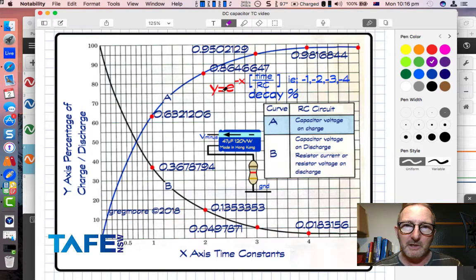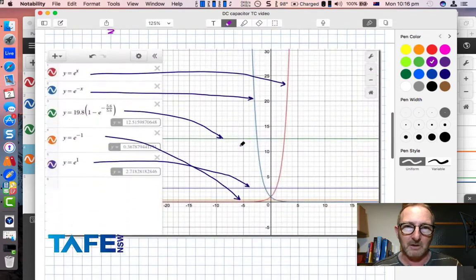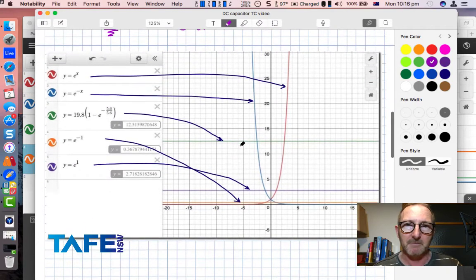We're going to be using this letter e, which is the universal constant for growth, and it's called Euler's number. In our case, this is y equals e to the minus x. I've got a graphing software which is online, and I've already plotted y equals e to the x and y equals e to the minus x.